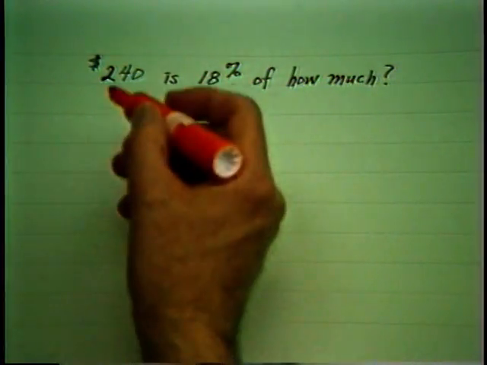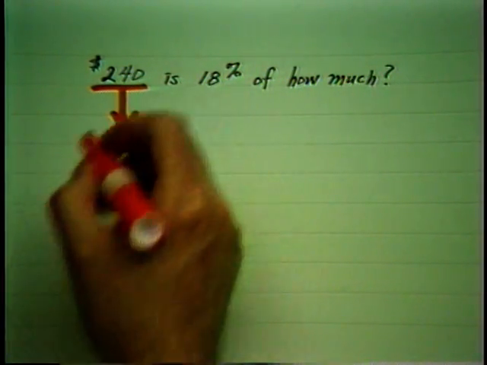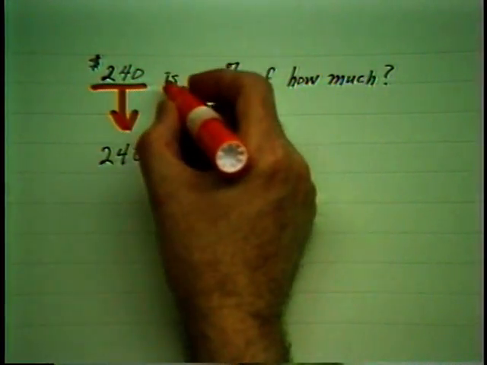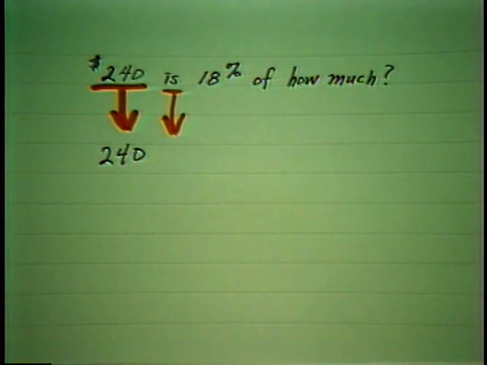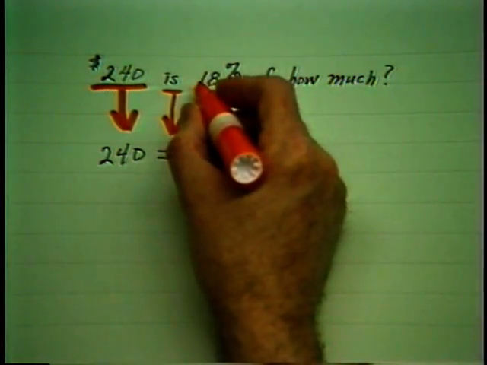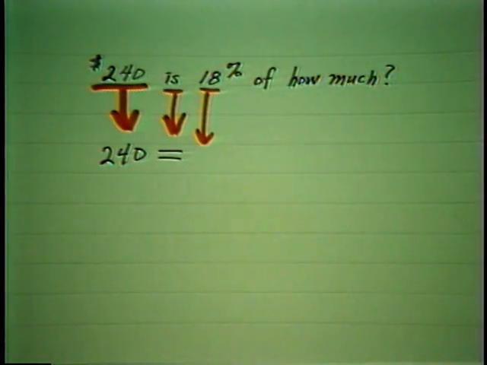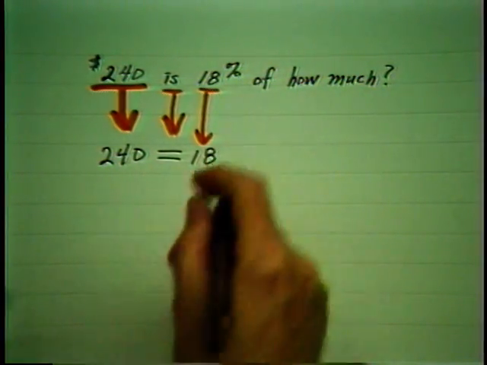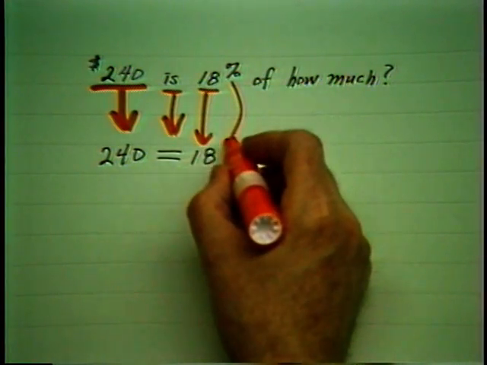An example. 240 is already mathematics. But the word is, when translated to mathematics, becomes equal. 18 is already mathematics, so that becomes 18. Percent is not mathematics.